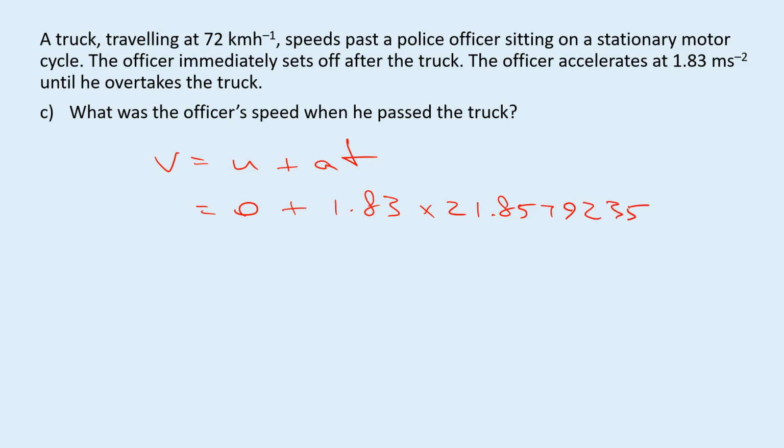So once again, we're using the entire number that the calculator had previously given us for time. We're not using that initial 21.86 that we said for part A that was rounded, and we're not going to use a rounded number in a further calculation. So we reach for our calculator and we get an answer of 40 meters per second.